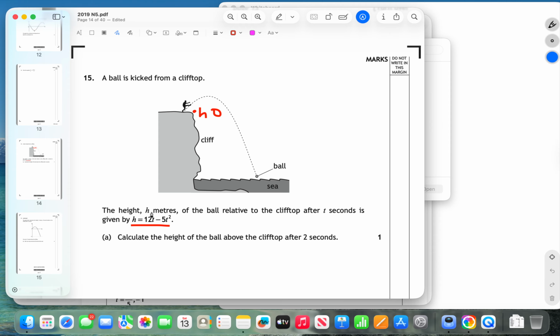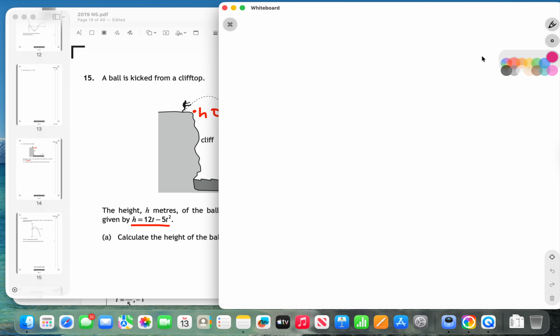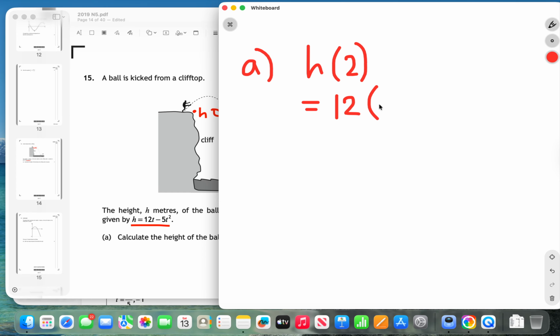Now the height above the cliff top is going to be dictated by this equation, as I said. So after 2 seconds we want to find the value of h when t is 2. So we will write h(2) equals 12 times 2 minus 5.